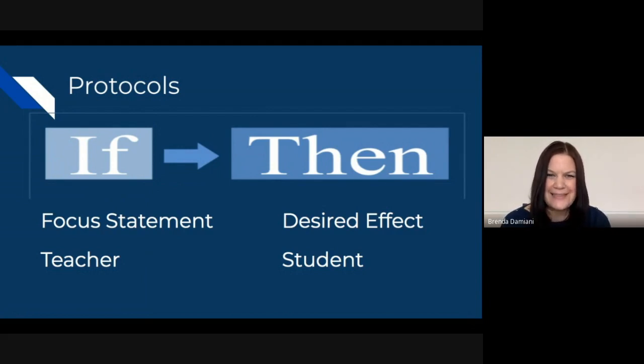So here, that science, that effect size of any given element, it's the teacher focus statement, the student desired effect, the if, then. Now, this is the science of teaching. How you implement the elements and how you bring your own personality into it, that's the art of teaching. So using the science and the research behind the elements, and then bringing your creative flair to the teaching.